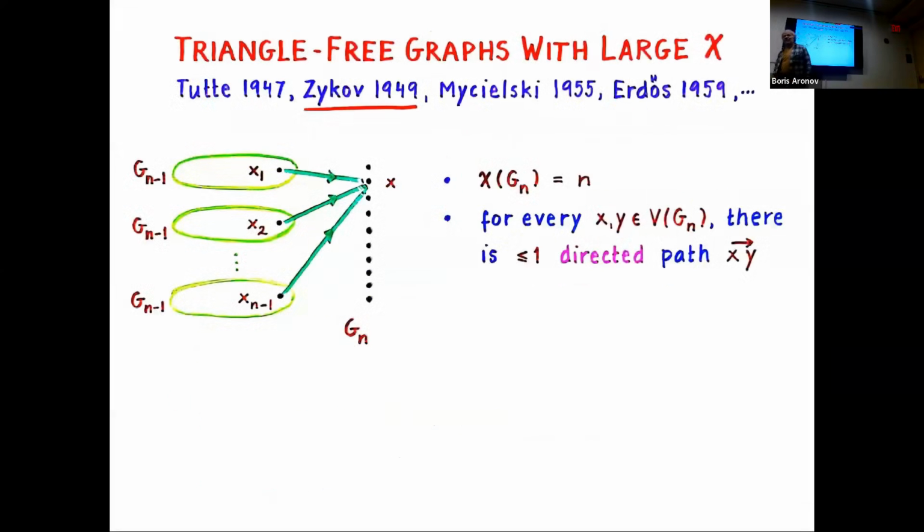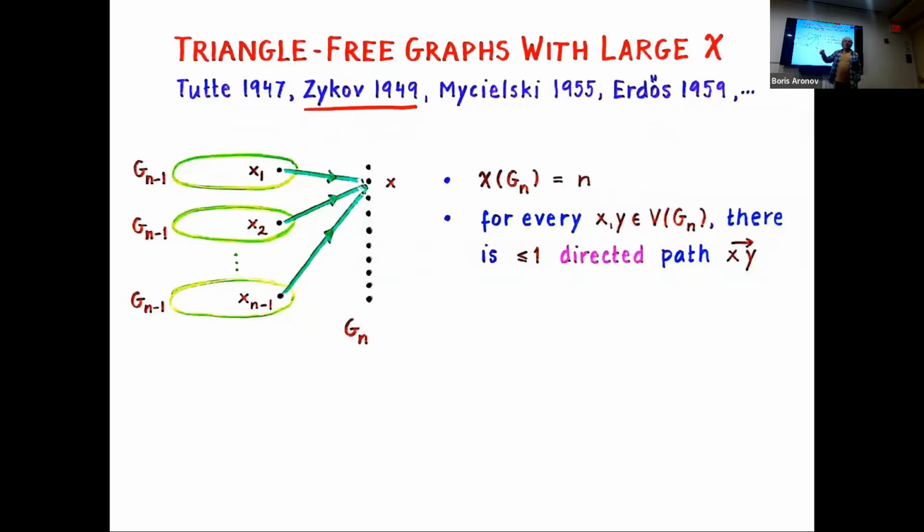But unfortunately, after I give away the punchline, this is not the case. And here let me outline the proof, because the proof is really beautiful, and it starts with one of the most elegant examples of a triangle-free graph whose chromatic number is large.